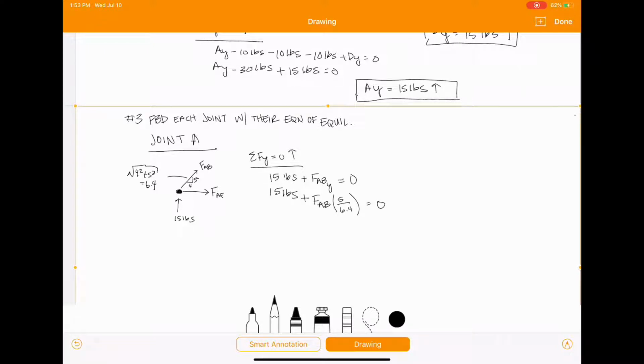So we've got one equation, one unknown. We can solve for FAB, which I get to be a negative 19.2 pounds. So as I was saying before, because this is negative, we assume tension over here, so we know FAB equals 19.2 pounds in compression.